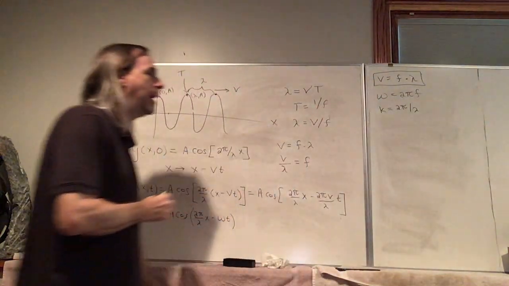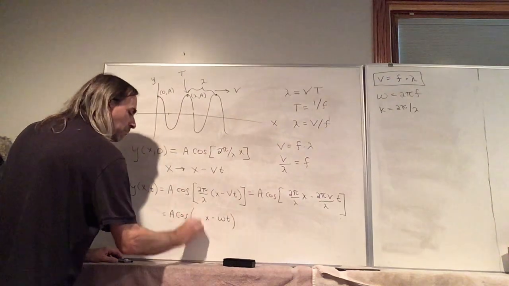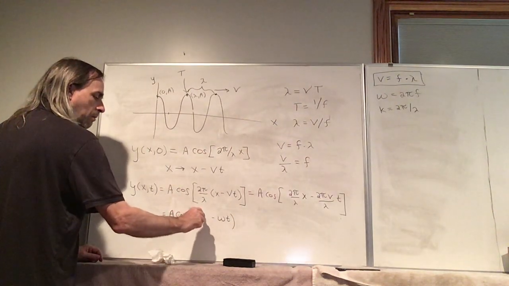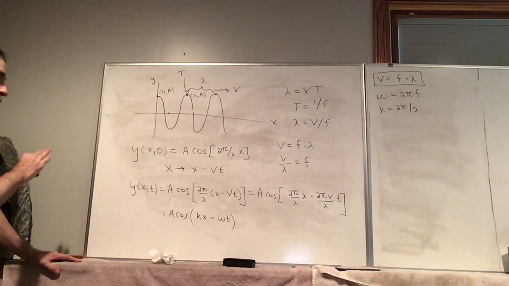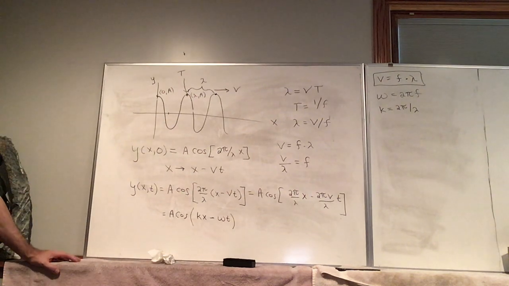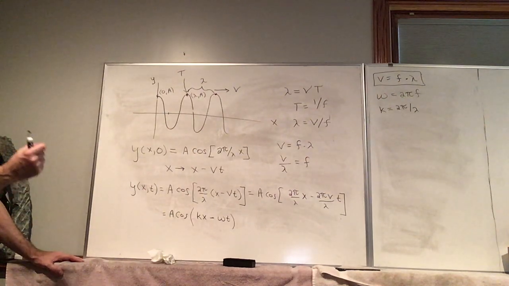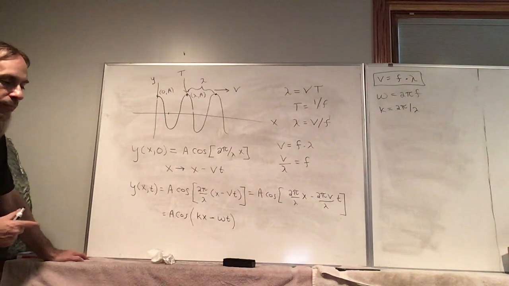So k is 2 pi over lambda. That's called the wave number. So then we can simplify this even more. So we have y as a function of position and time. It is a cosine of kx minus omega t, where k is 2 pi over the wavelength, and omega is 2 pi times the frequency. And that's kind of our final form.